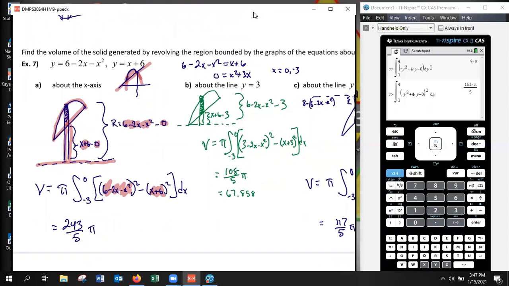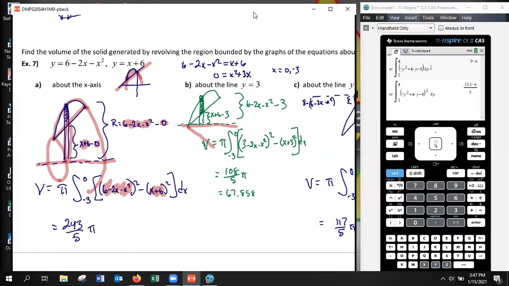Now, if I'm revolving this around y equals 3, like the last one, if I revolved it, you can see that this ends up being a very, very big region that gets revolved. For this one, it ends up being a much smaller region that gets revolved. So it turns into almost like a cone, or at least the inner part's a cone, where the outer part is like an overall bowl-ish kind of shape.